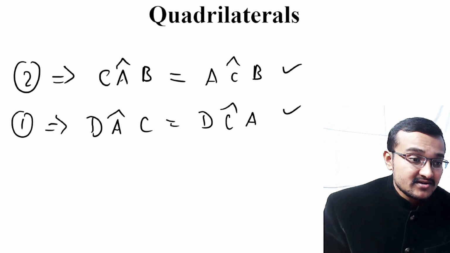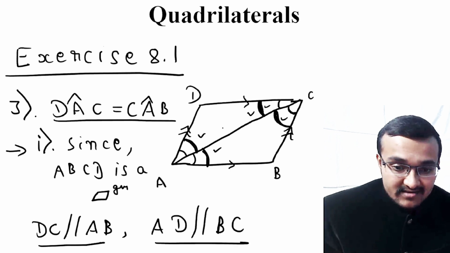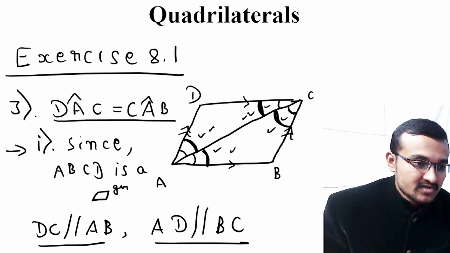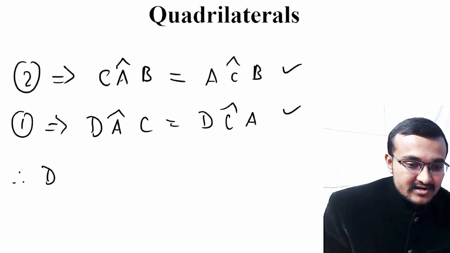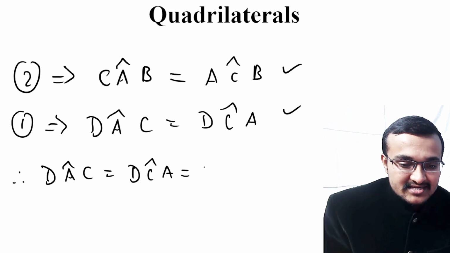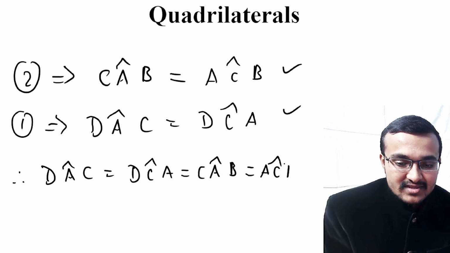So that means in this diagram, all these four angles are equal to each other. Therefore, DAC is equal to DCA is equal to CAB is equal to ACB.